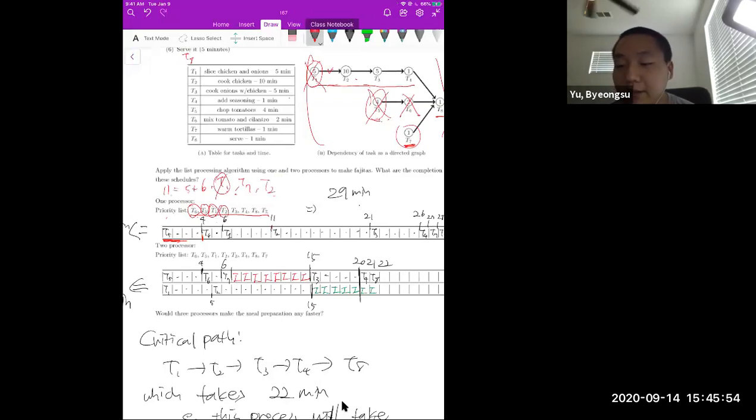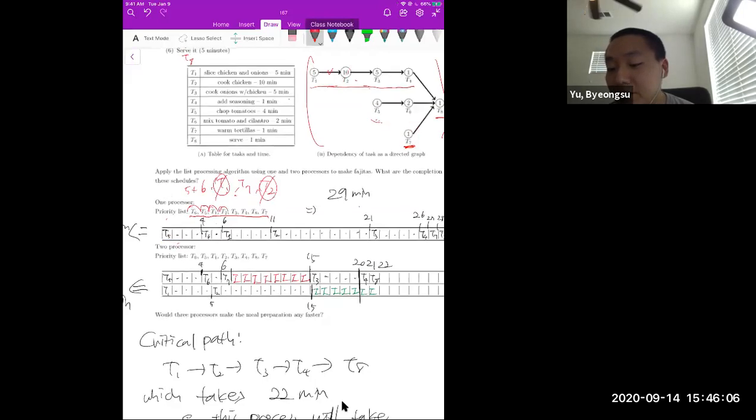And again, T2 is higher prioritized than T7. So you need to choose T2 and delete. T2 takes 10 minutes. So 11 plus 10 gives you 21 minutes. After 21 minutes total, the ready jobs are T3 and T7, right? And again, using your priority list, we need to do T3 first, right?